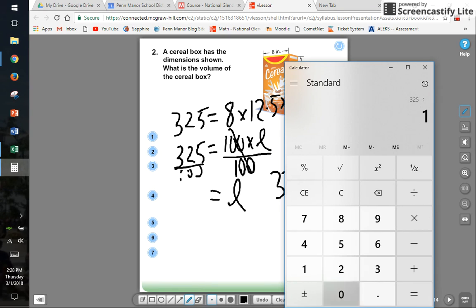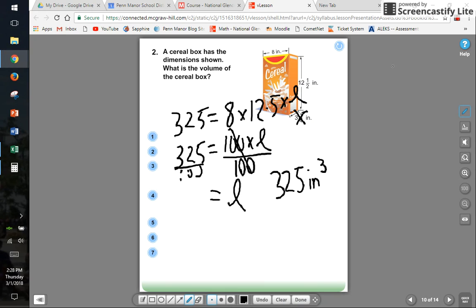I have a feeling I know exactly what's going to happen. It did. It worked out. 3.25 is the missing piece. And if you recall, that is absolutely correct.